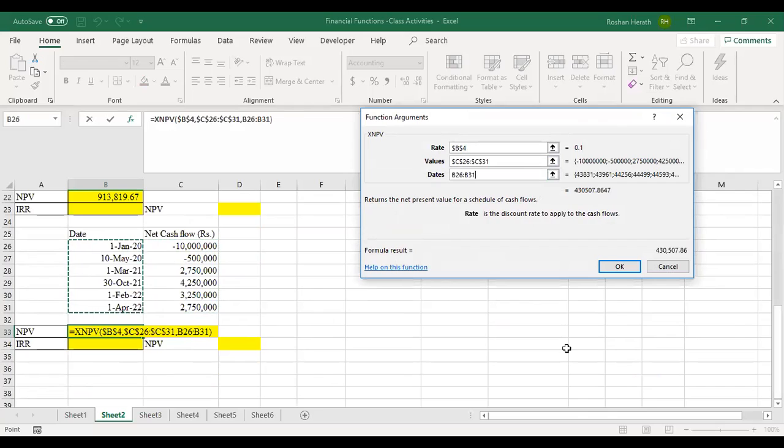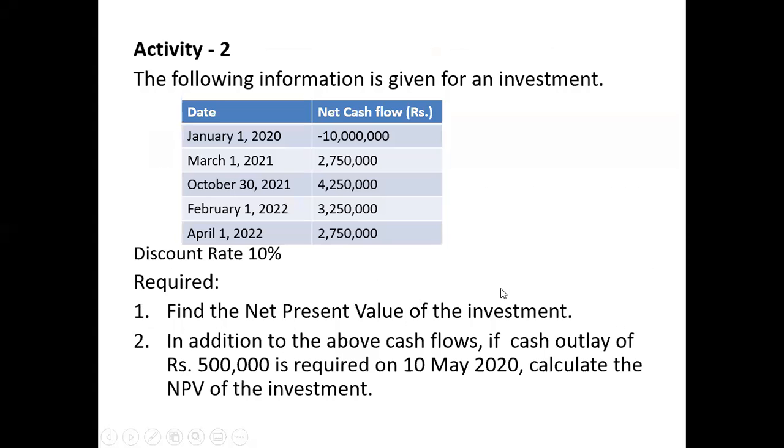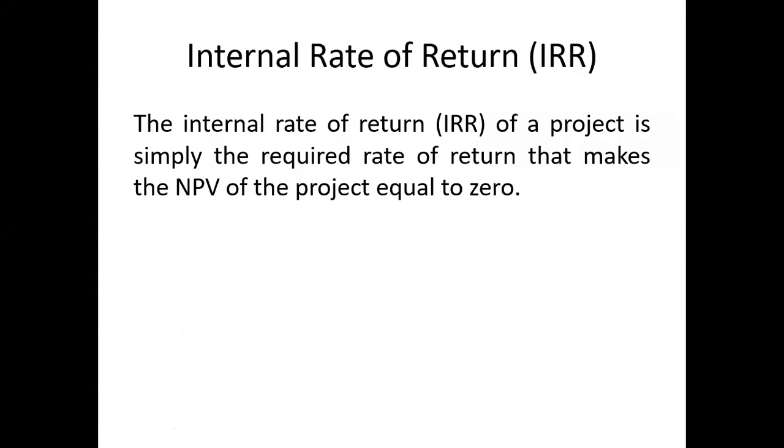You have given that and you have arrived at the NPV. It's 430,507. So that was about the XNPV. Thereafter, we moved on to the discussion of IRR, the internal rate of return.